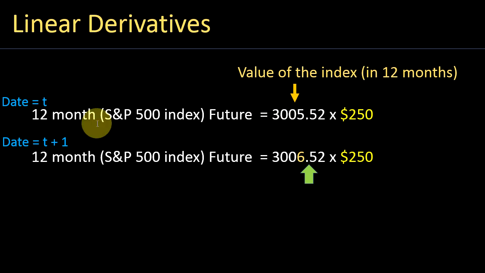Remember, this is a 12-month contract, so we are entering into the contract to buy the index as at December. So as the December value of the index keeps changing, the value of our futures contract also will be changing.